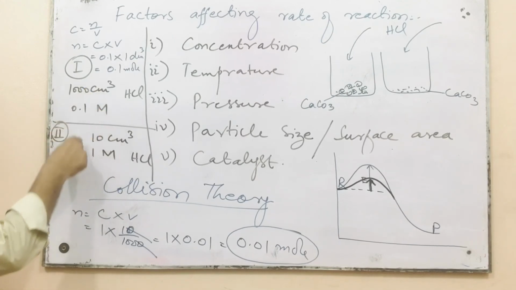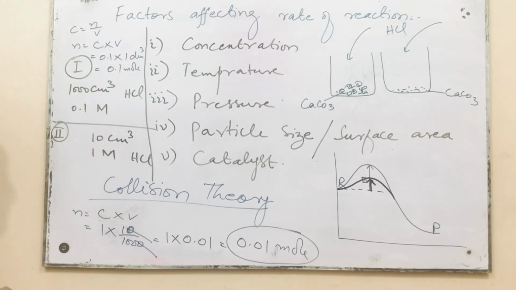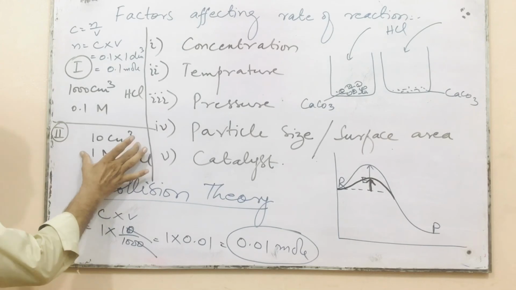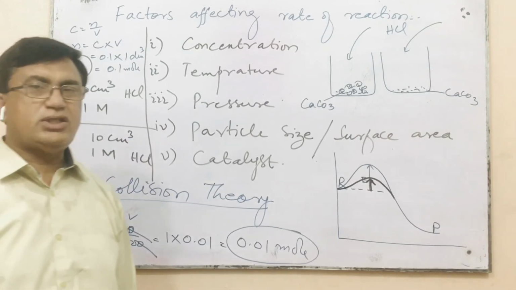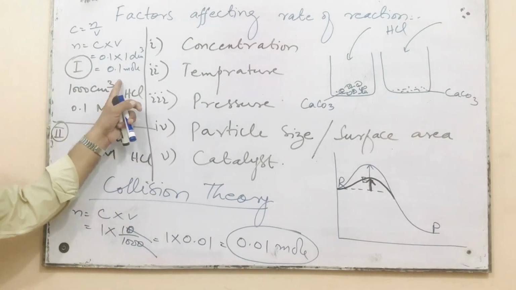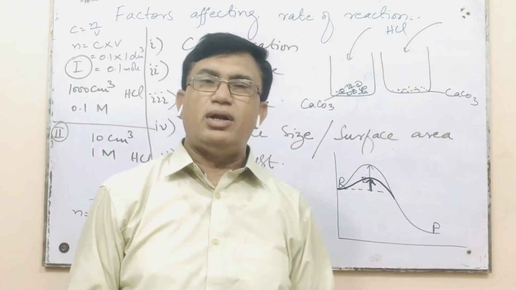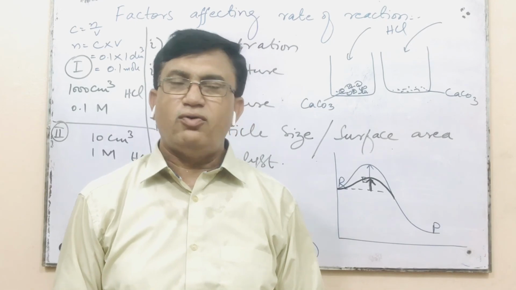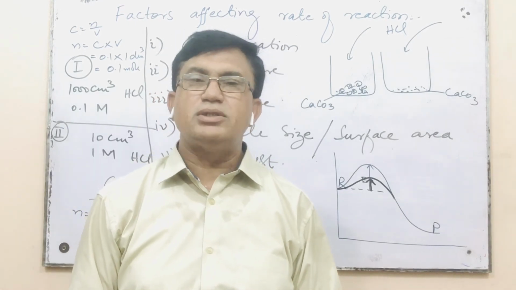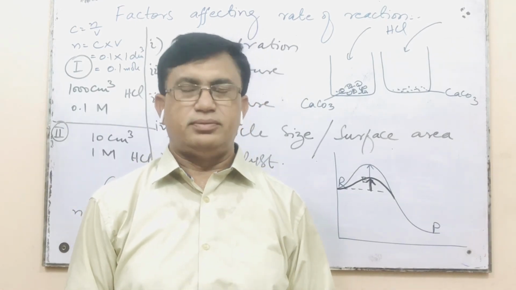This solution is more dilute than that solution. The rate of reaction of this solution will be much faster as compared to that solution. The rate of reaction is not correlated with the number of moles, but the rate of reaction depends upon the concentration of the solution.